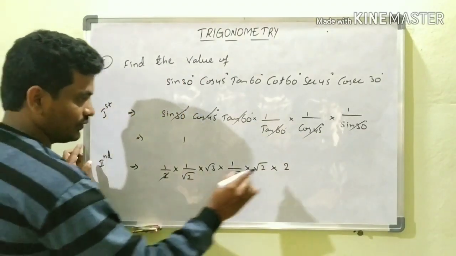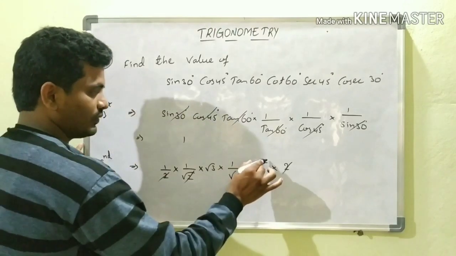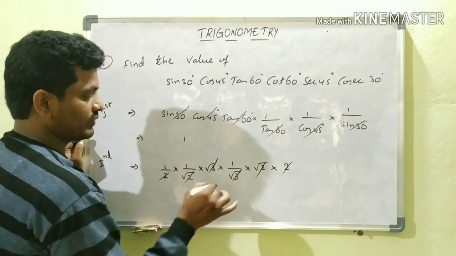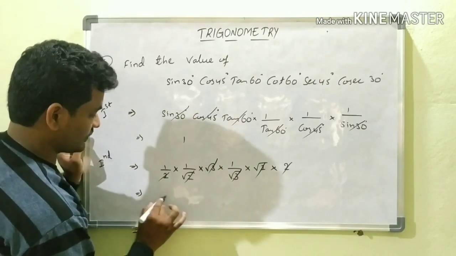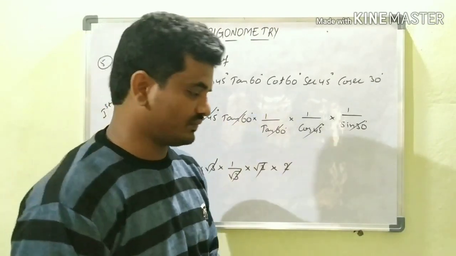Here denominator 2, numerator 2 gets cancelled. Denominator root 2, numerator root 2 gets cancelled. Numerator root 3, denominator root 3 gets cancelled. Finally, it also equals 1. In both cases we can solve this answer. Anyone you can choose.